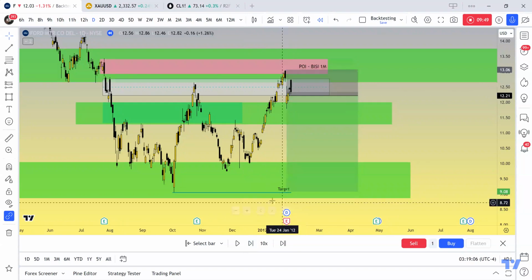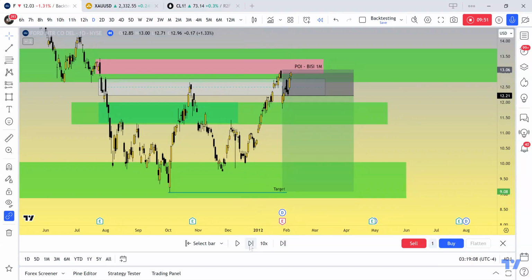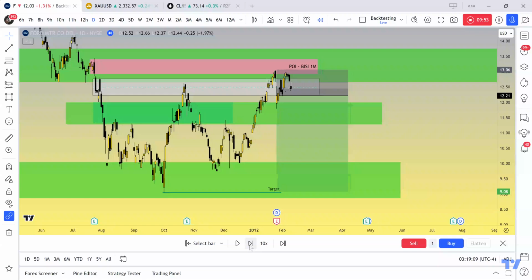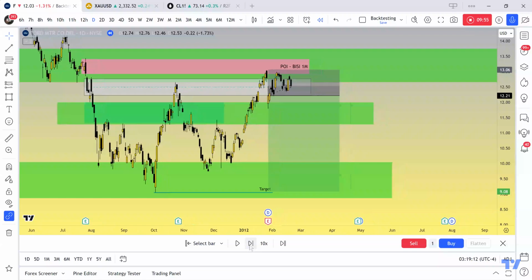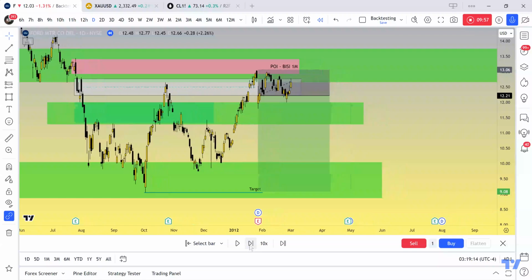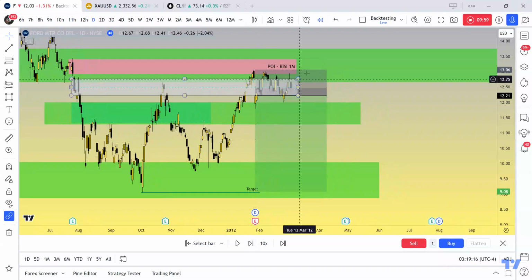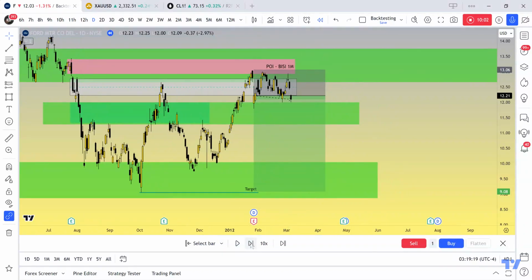Okay, comes all the way to this breaker. Comes down. Is it going to make one more spike up? That's the question.